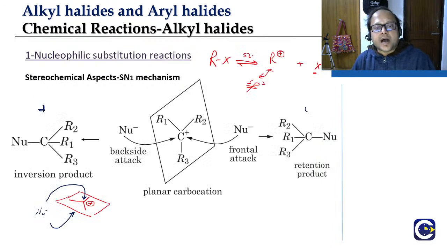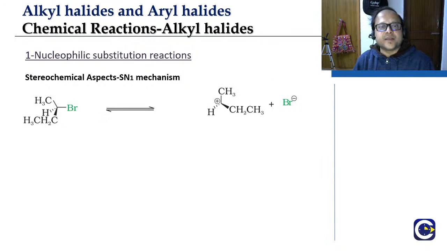Okay, so after this part, the next part is very important: the stereochemical aspects of the SN1 mechanism. When we are talking about the SN1 mechanism, this is what we are talking about: secondary butyl atom. So of course the hit can be both from this side and this side.